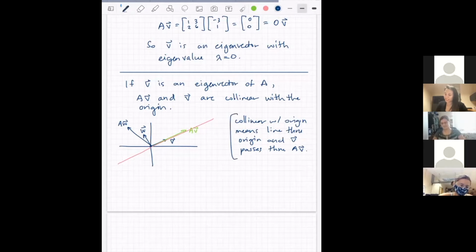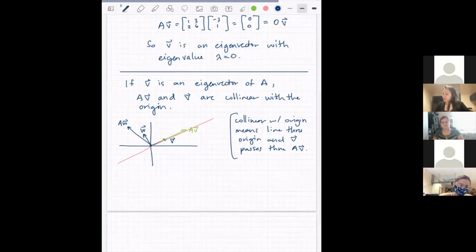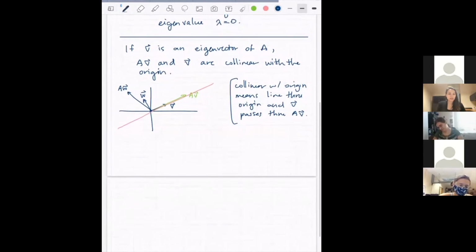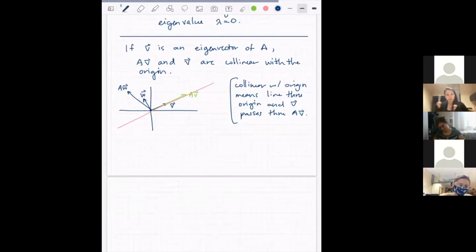Okay, cool. So this is how to picture what's going on with an eigenvector. I think there's also a nice picture in the textbook.